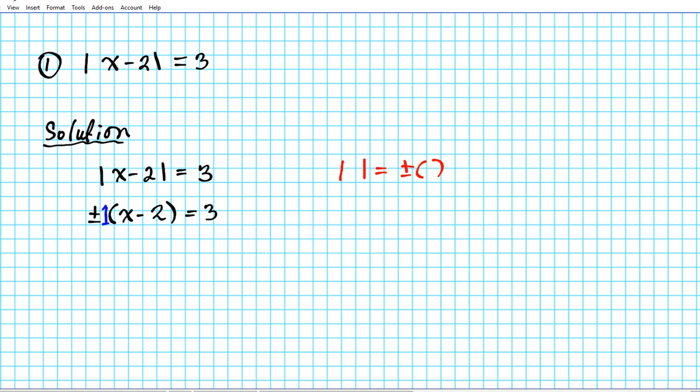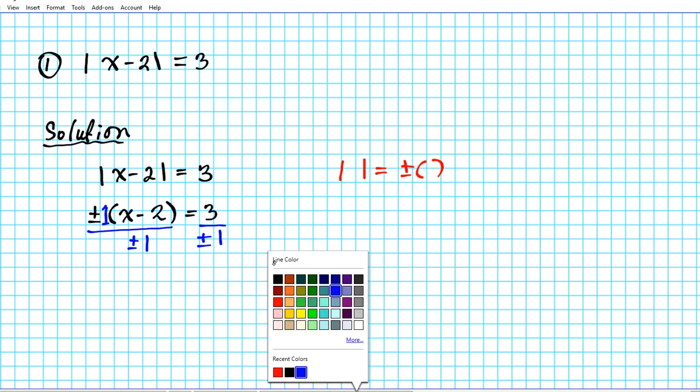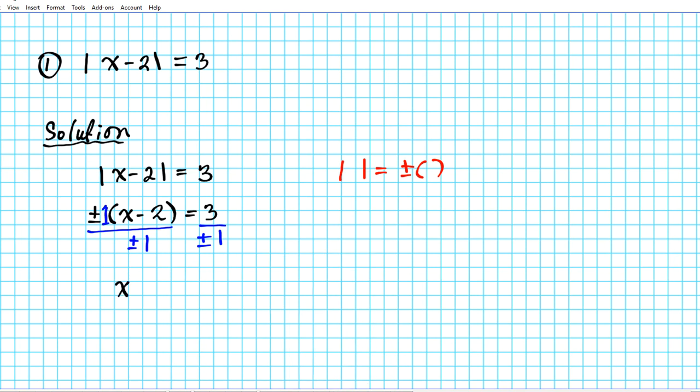So what we're going to do is we're going to divide both sides by plus or minus 1 in order to get rid of that plus or minus sign that's on the left side associated with the quantity x minus 2. So divide both sides by plus or minus 1, or you can multiply both sides by plus or minus 1. And that will result in x minus 2 equals positive 3 divided by plus or minus 1, which is just plus or minus 3.